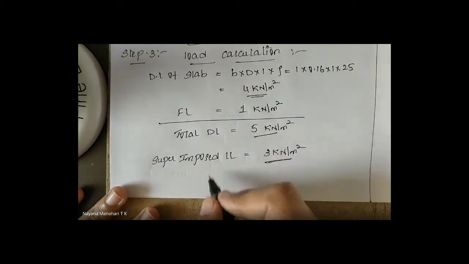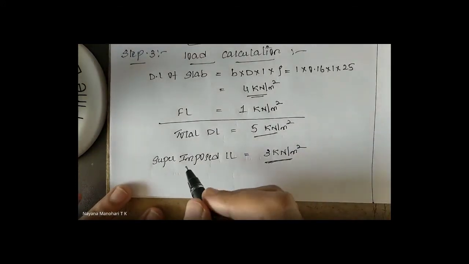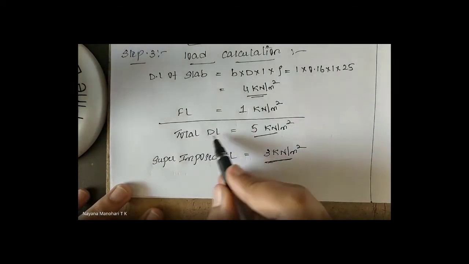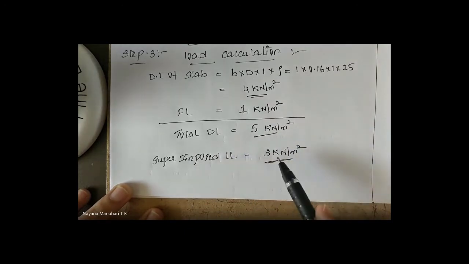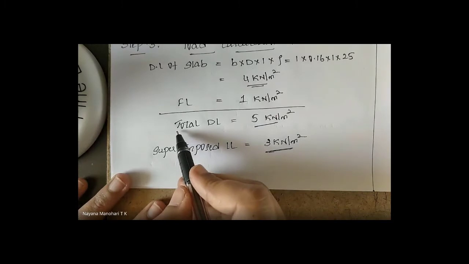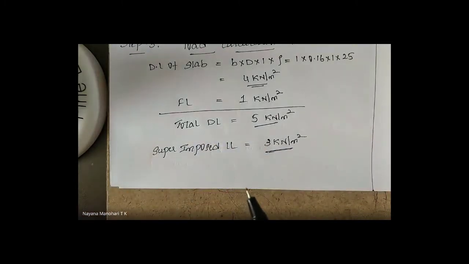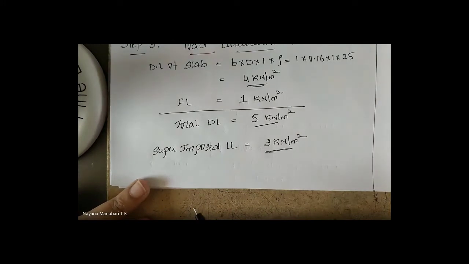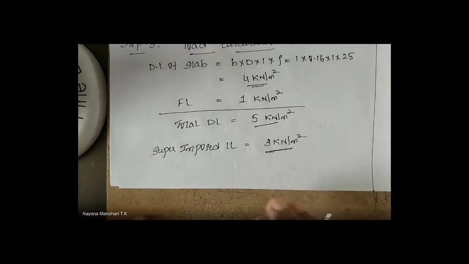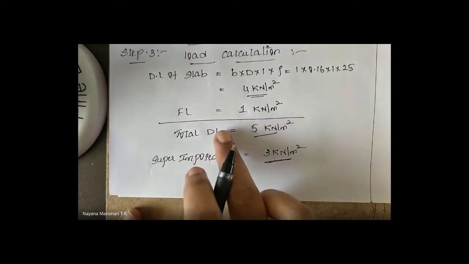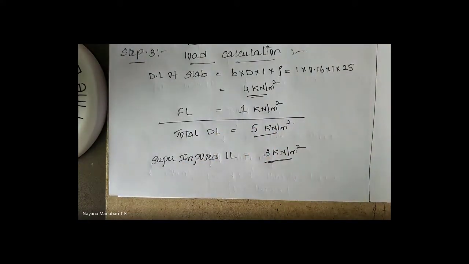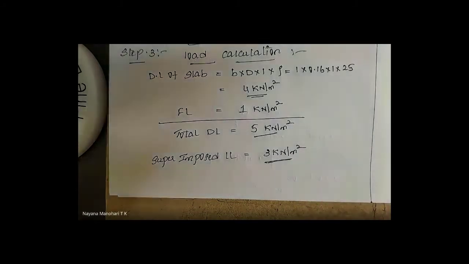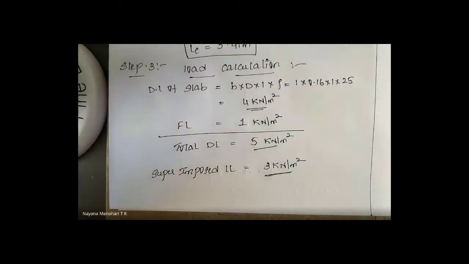Slight changes you will observe now. Separately you need to calculate total dead load and the total superimposed live load. Then convert the dead load as well as the live load into factored load by multiplying by its partial factor of safety.